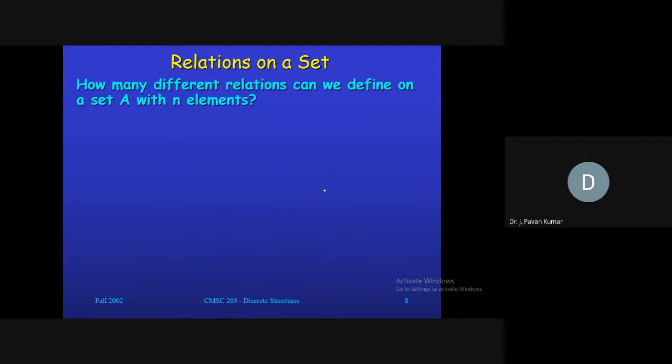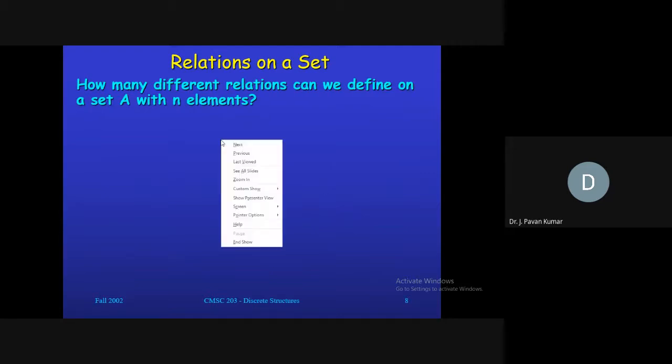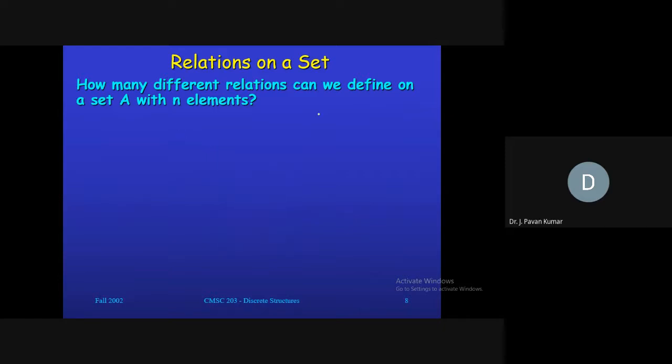Now, how many different relations can we define on a set A with n elements? This is the question. We have A and we are defining a relation on the set of elements A. So we'll have two copies of A. How many such relations are possible?